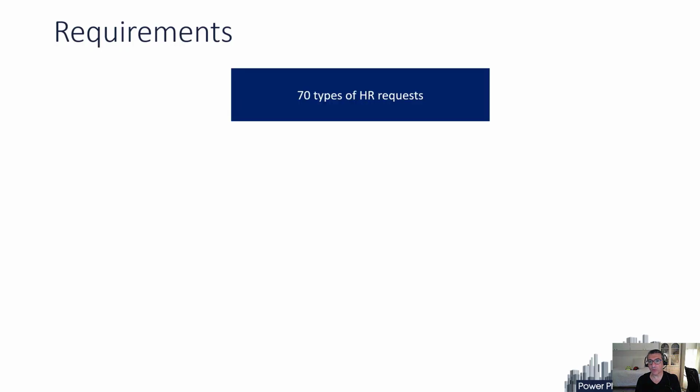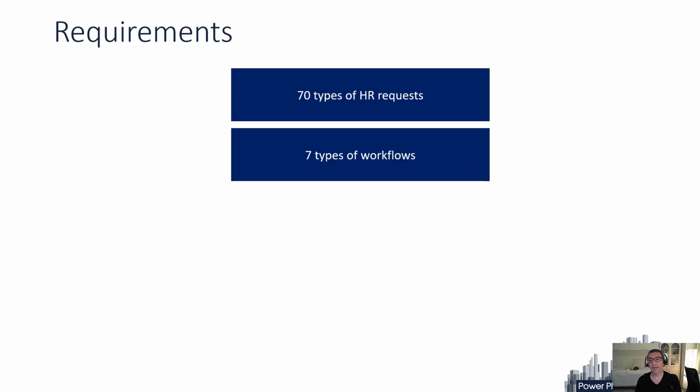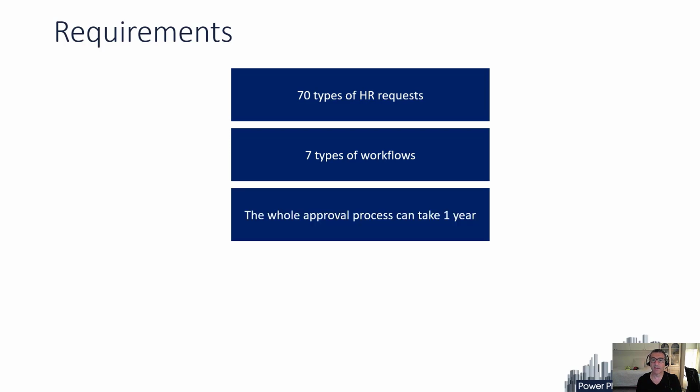Just to illustrate that some cases can be very complicated: take the case of an HR request. The requirement for my customer is that they have 70 types of HR requests and 7 different types of logic, so 7 different types of workflows or business processes.